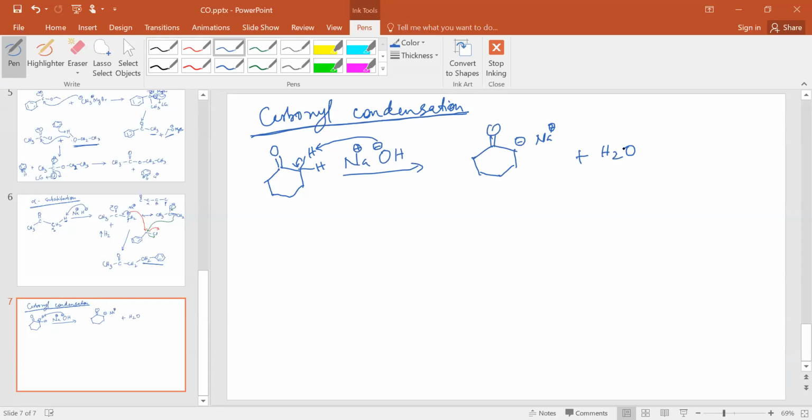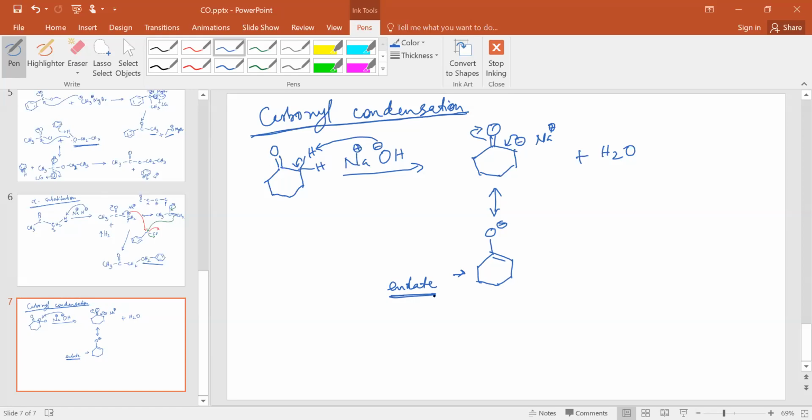Why will this negative charge form easily? Because it can be resonance stabilized with the carbonyl carbon, like this. Remember, this one is called enolate: enol, negative charge, enolate.